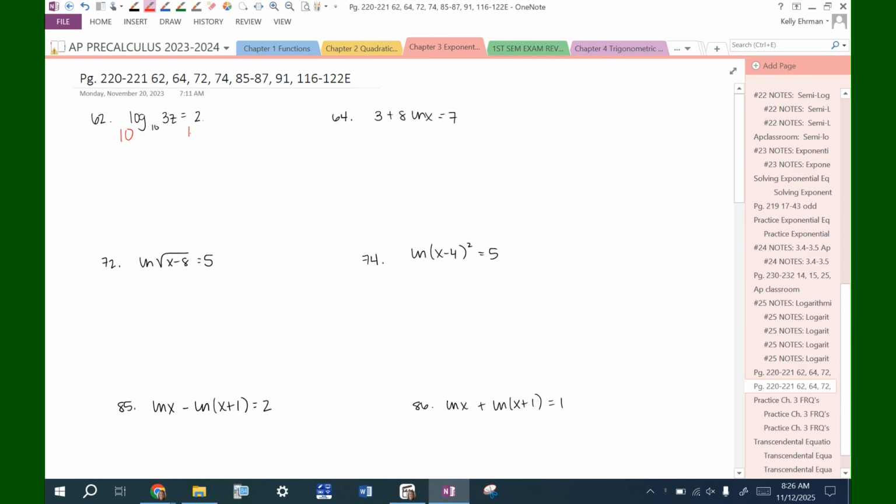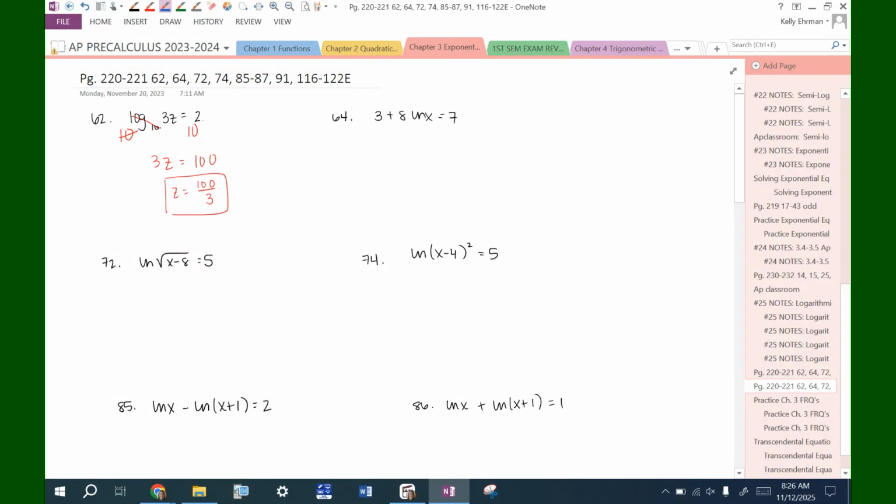In this case, I'm going to base 10 both sides. 10 to the log base 10 cancels out. You're left with 3z equals 10 to the second power, 100, and z equals 100 over 3. As long as the answer you get gives you a positive value inside of the logarithm, 3 times 100 over 3 is positive, then that is your answer.